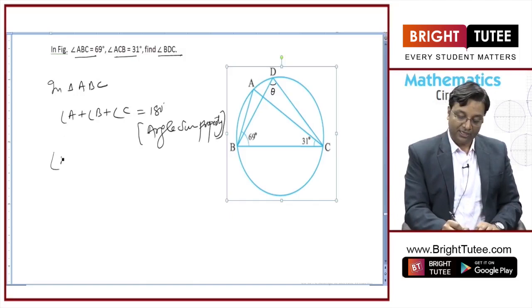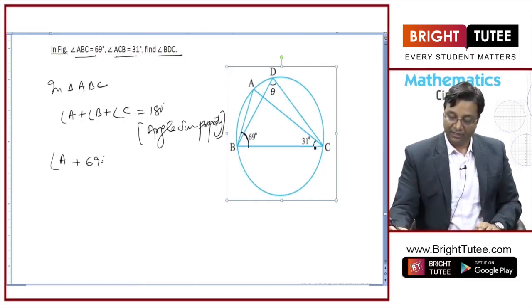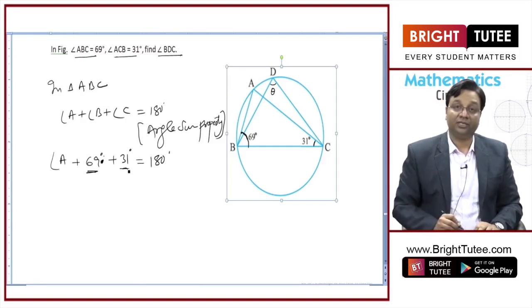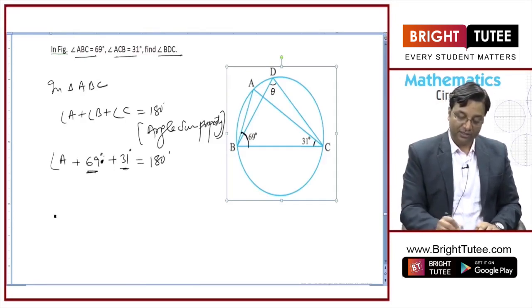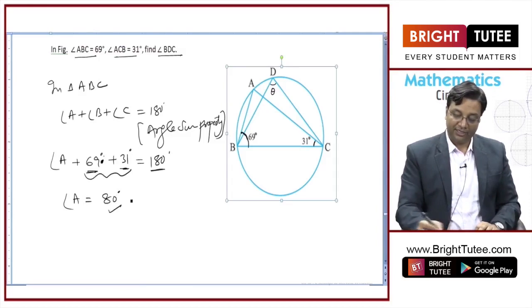Angle B is 69 degrees and angle C is 31 degrees. What is 69 plus 31? It is 100. So angle A is equal to 180 minus 100, that is 80 degrees.